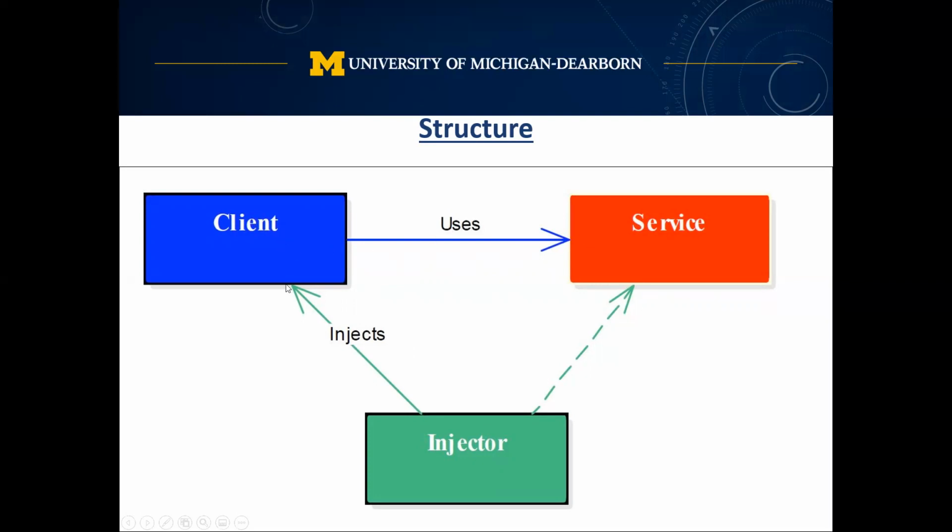So the client is the dependent here, and the service is the dependency. The injector injects the dependency into the client. That's the structure of the dependency injection pattern.